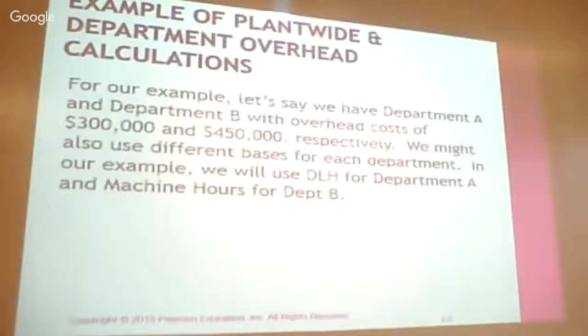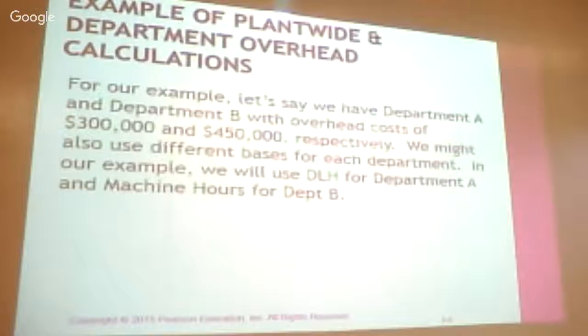So let's talk about A and B. We have Department A and Department B with overhead costs of $300 and $450. We might use different bases for each department. In our example, we'll use the direct labor hours for Department A and machine hours for Department B. So each department could be driven by its own thing.